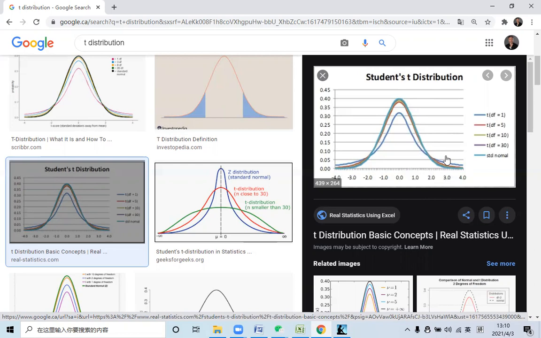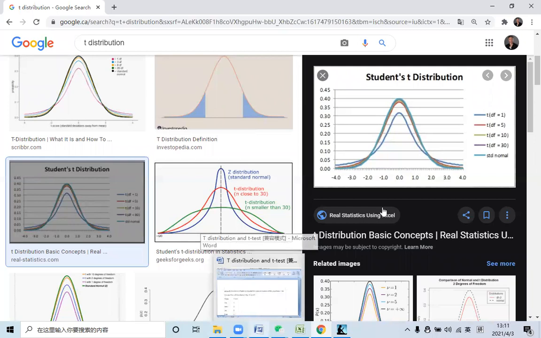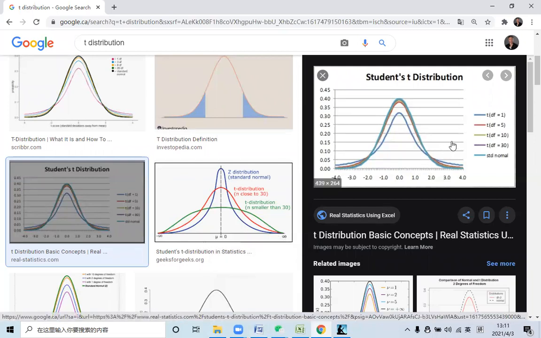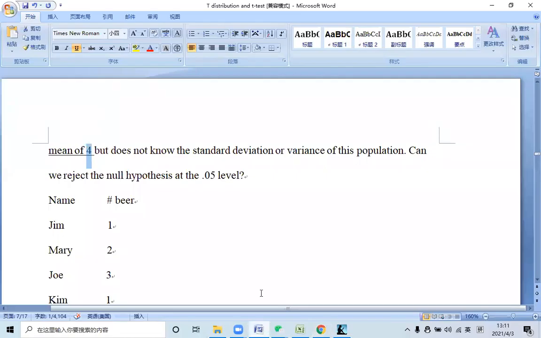Extremely high or low scores have a small probability on the t-distribution, just like the z-distribution. We want the t-scores to be extreme, either extremely large or extremely small, to have a small probability. That's what we want to show.